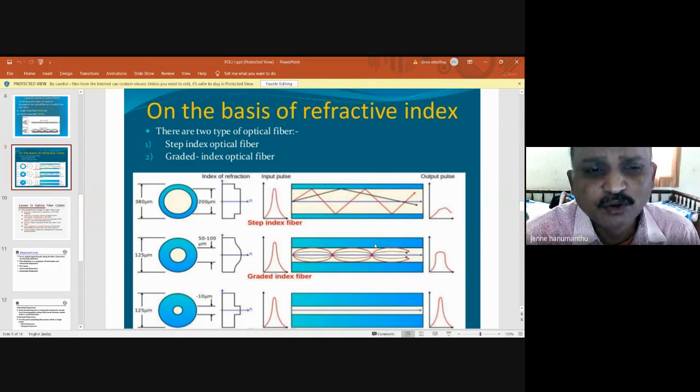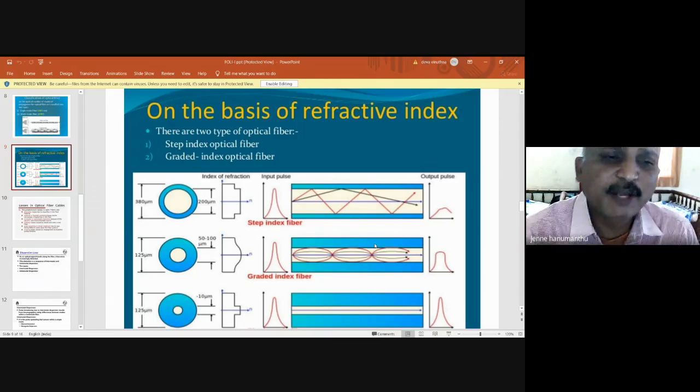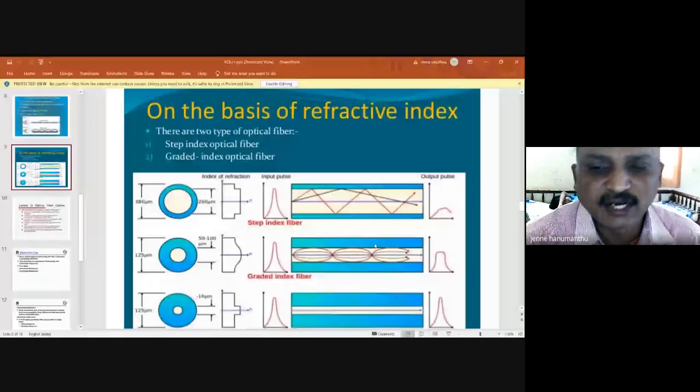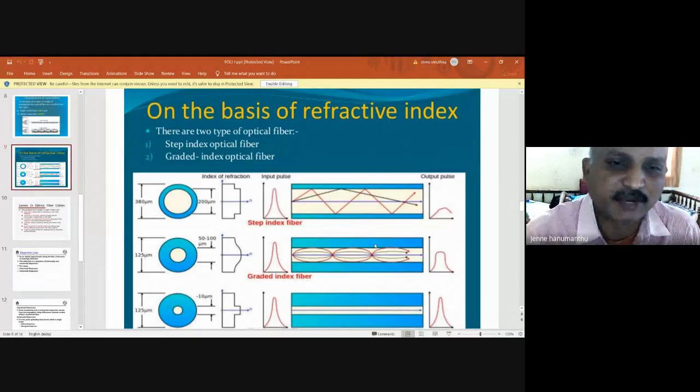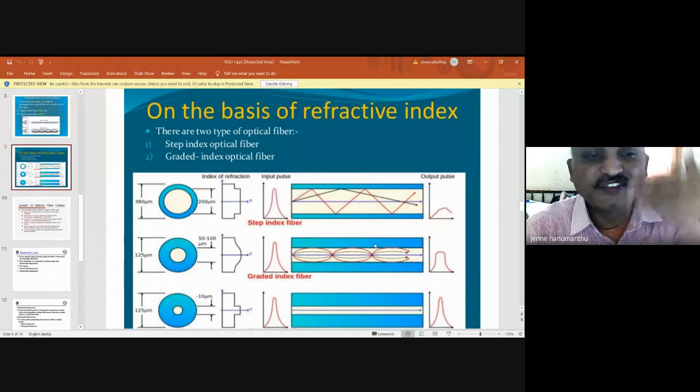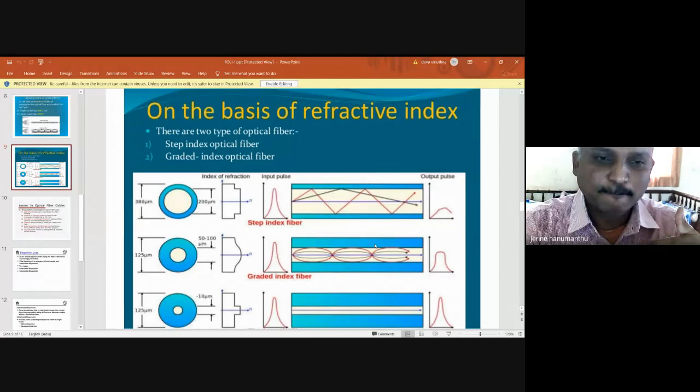I will tell you one more way of getting loss of light signal. So what is a fiber? Fiber is nothing but a combination of core and cladding. What is core? Core is made with some glass. What is cladding? Cladding is made with a glass and plastic combination. So core is different, cladding is different.